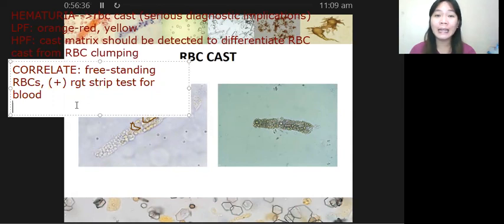Why? Because it is highly improbable. Okay? Highly improbable, highly impossible, if your RBC casts are the ones na madedetect mo lang. Okay? Hindi pwedeng RBC cast lang. Napaka-imposible nun. Dapat yung RBC cast, meron siyang kasamang RBCs at positive siya sa reagent strip test ng blood.